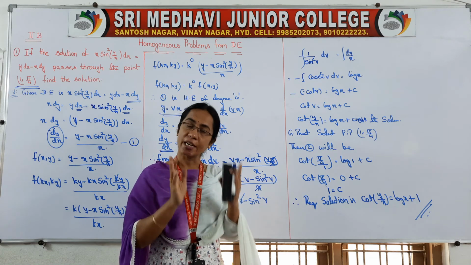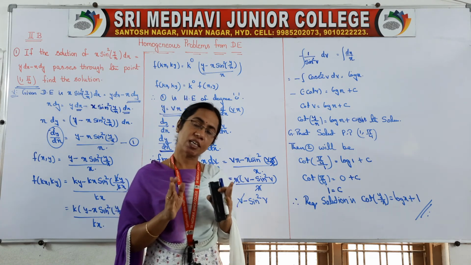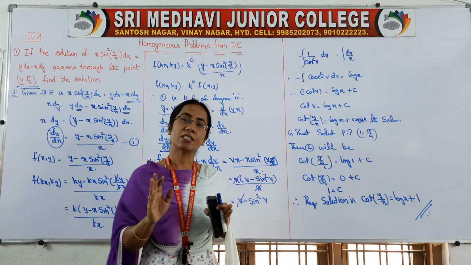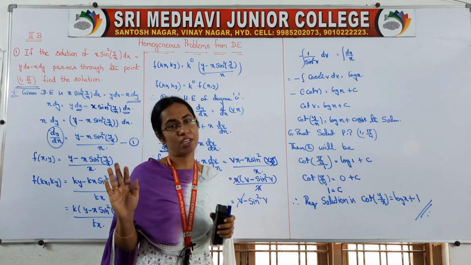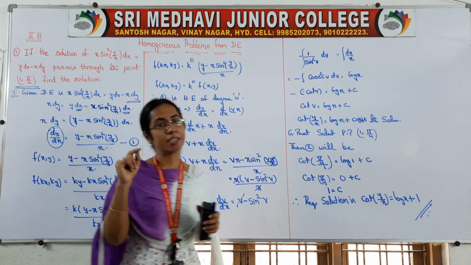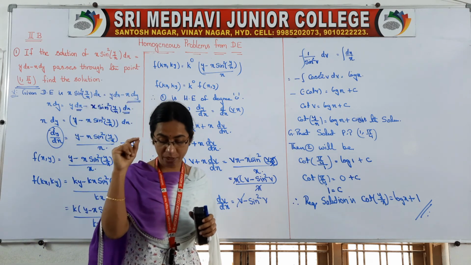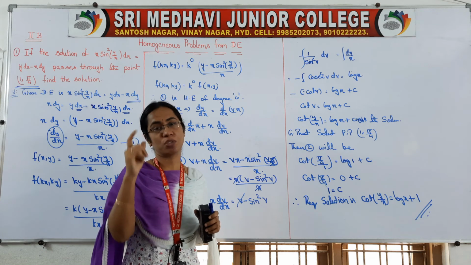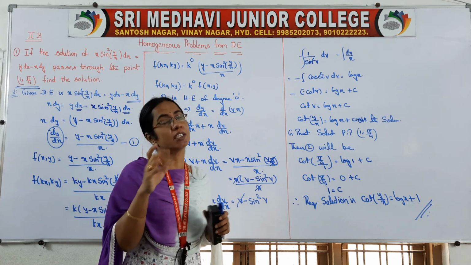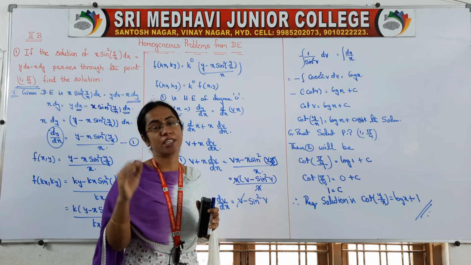If that condition is satisfied, it is called a homogeneous equation of degree alpha, where alpha can be any value: 0, 1, 2, 3, 4, right? So we can say that this is a homogeneous equation with degree alpha.